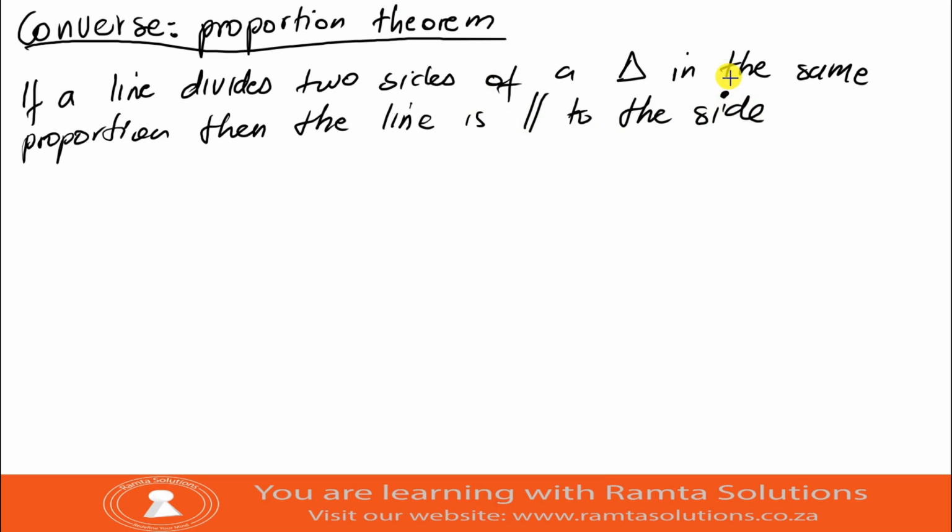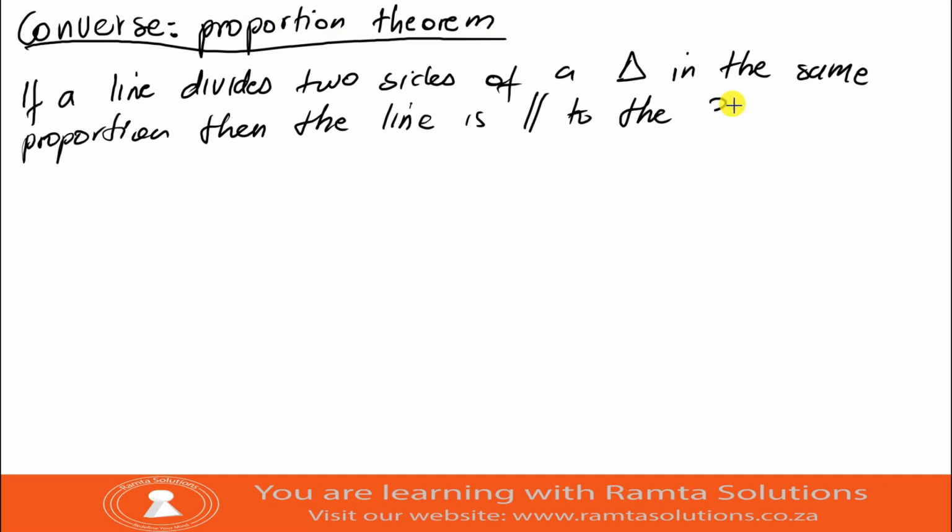So if you recall, your proportion theorem said a line drawn parallel to one side of a triangle divides the other two sides in the same proportion. You see, now we're moving backwards. If a line divides two sides of a triangle in the same proportion, then the line is parallel to the third side.